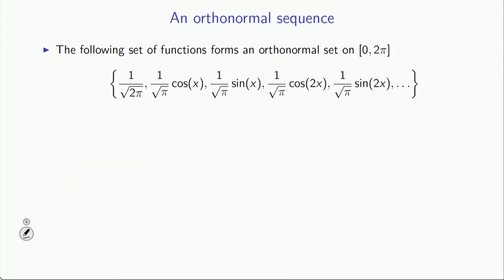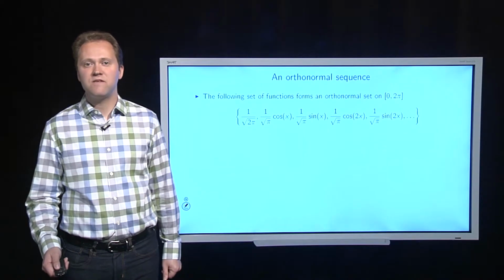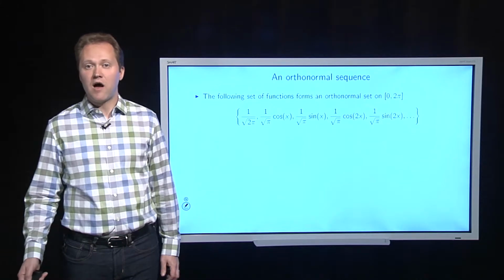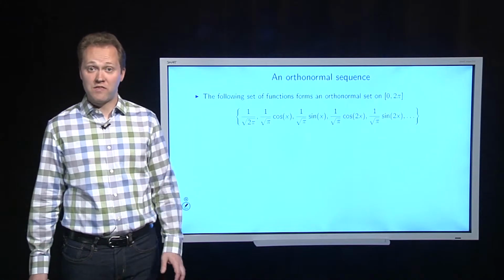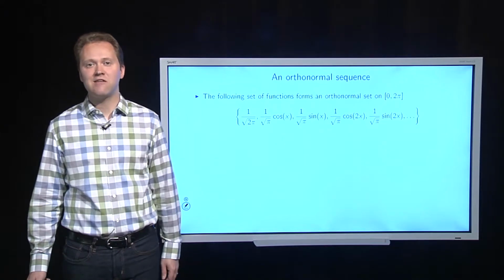In part 2, we talked about the concept of an orthonormal basis, or an orthonormal set: a set of vectors that were all pairwise orthogonal, each of which had magnitude 1. Here we have a list of sines and cosines, an infinite list, and I claim that this is an orthonormal set when these functions are correctly scaled.